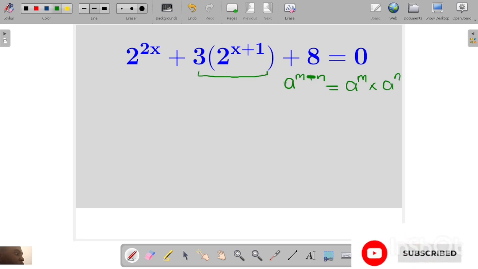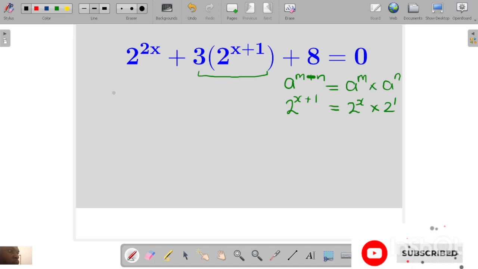In our case here, the base is 2, so we have 2 to the x plus 1. This means that this will be equal to 2 to the x times 2 to the 1. So we are going to replace this right here.